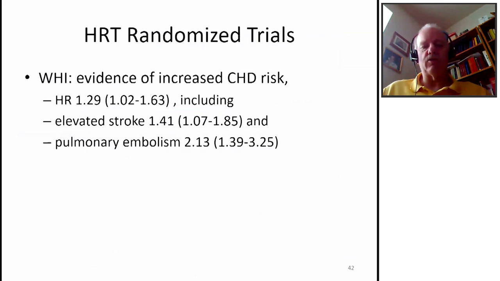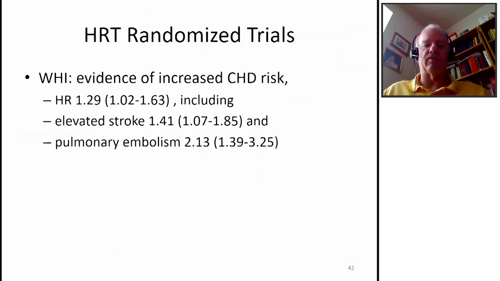Then there was this huge trial called the Women's Health Initiative that included, in this cardiovascular portion, about 16,000 women, and they saw an increased risk of heart attacks and other cardiovascular events with a hazard ratio of 1.29.